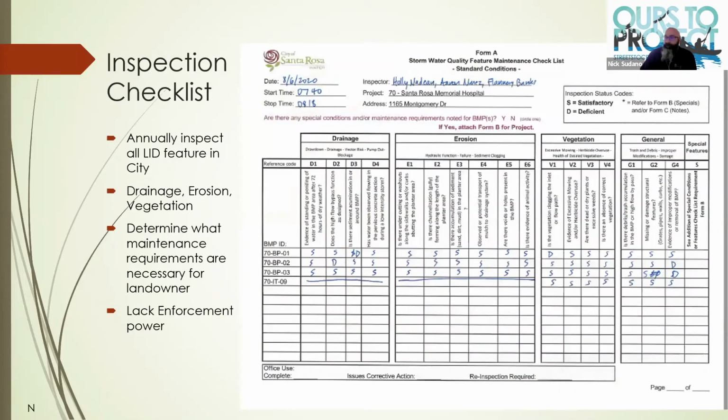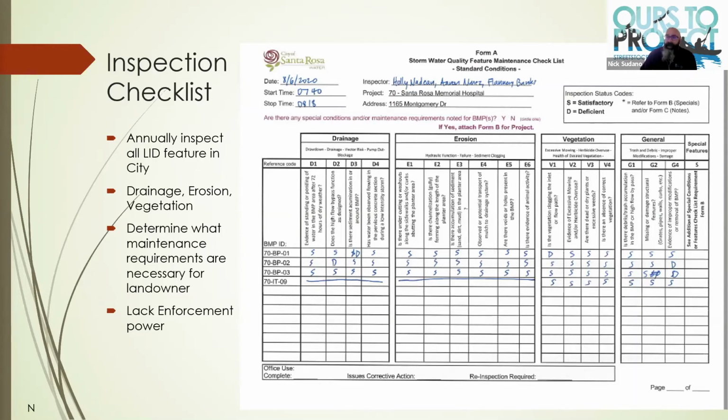This is an example of an inspection checklist that we follow. And again, I just wanted to point out that what we're looking for is common in every feature. We're looking at the drainage of the feature, the erosion associated with that feature, and the vegetation in that feature. And then occasionally you will get a feature that is uniquely designed and has specific maintenance requirements that we will also note, and those are typically recorded in that final LID submittal.